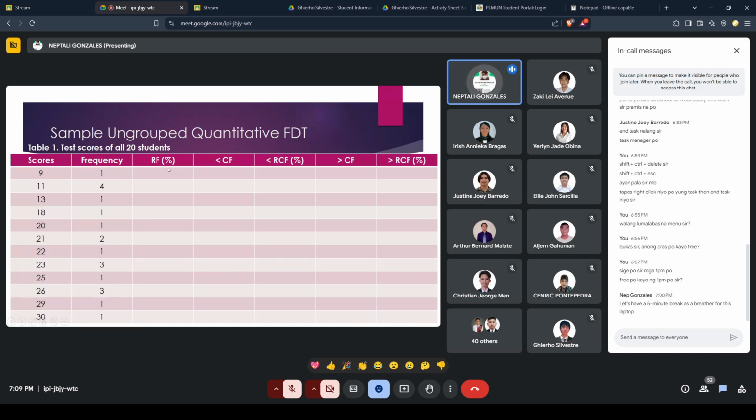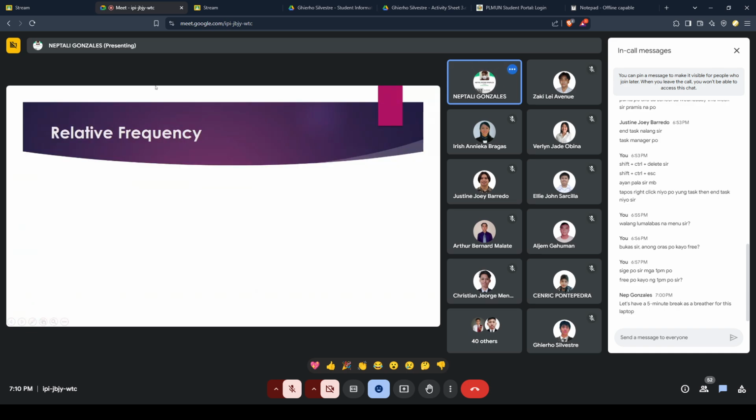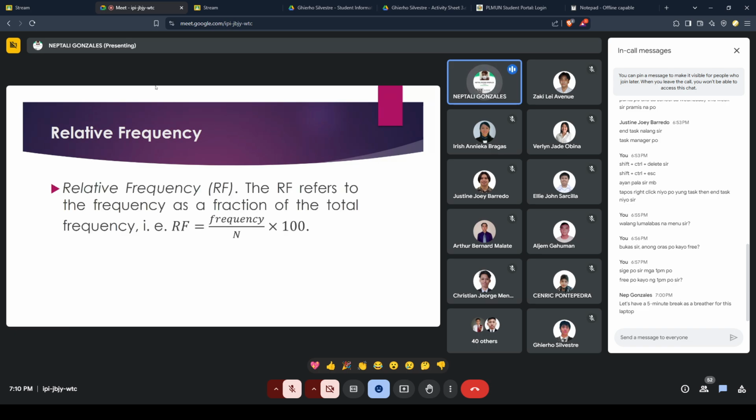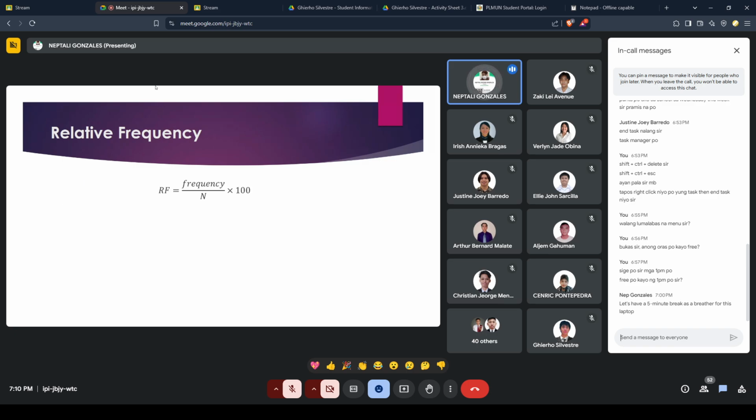So to count the relative frequency, percentage, divide again, 1 divided by 20 times 100, 4 divided by 20 times 100, until you reach the final, the bottommost part of the table. So the relative frequency refers to the frequency as a fraction of the total frequency. So RF is equal to frequency divided by N times 100.